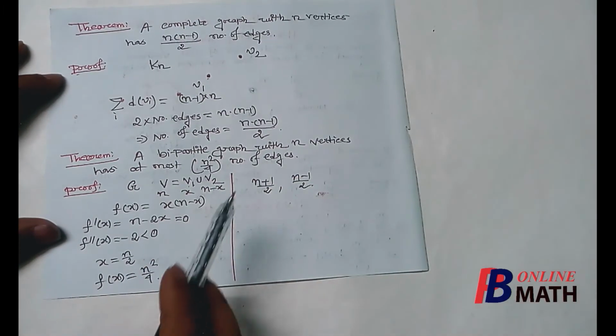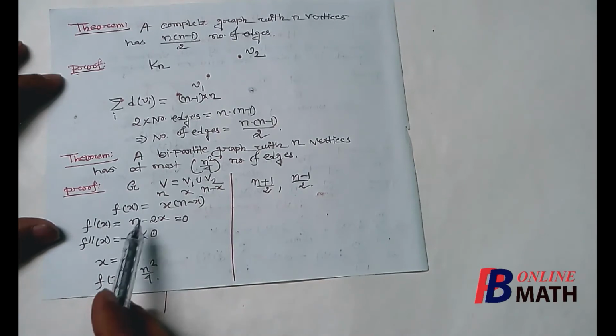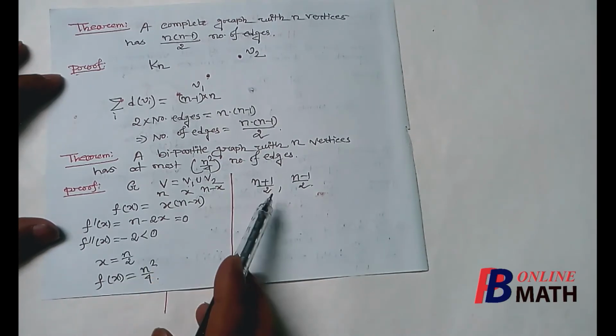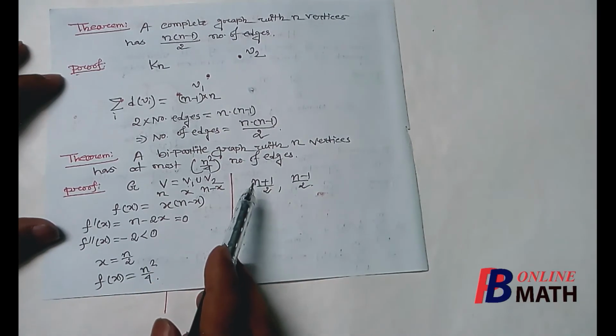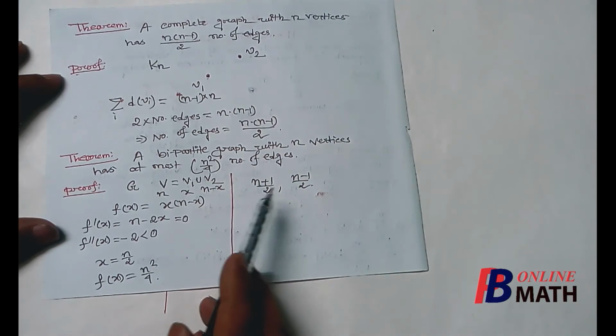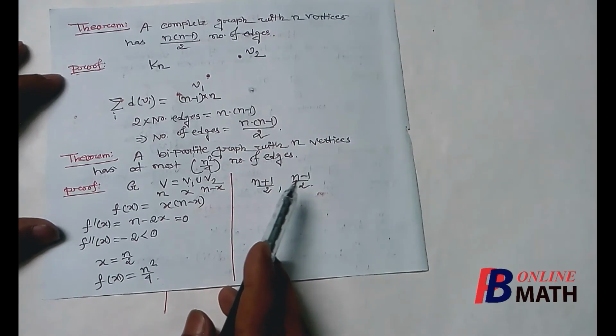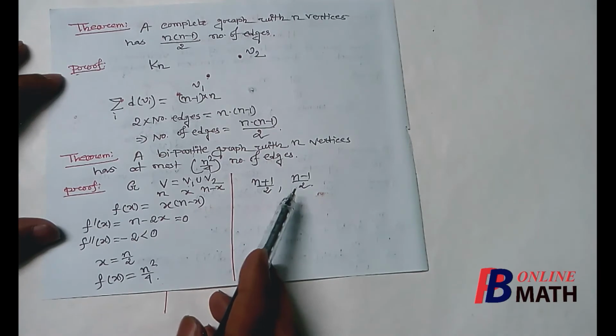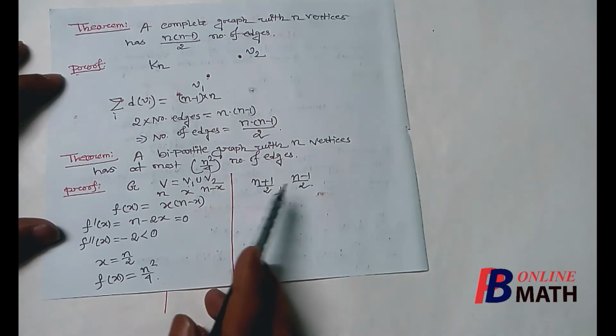So in this case, we shall break the set of vertices n into two nearly equal parts. In the first part, we have (n plus 1) by 2 vertices, and in the second part, we have (n minus 1) by 2 vertices, such that if we add these two, we have n.